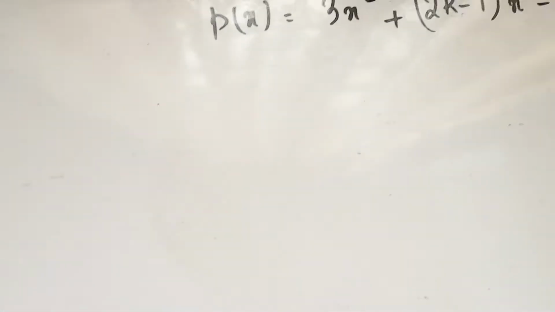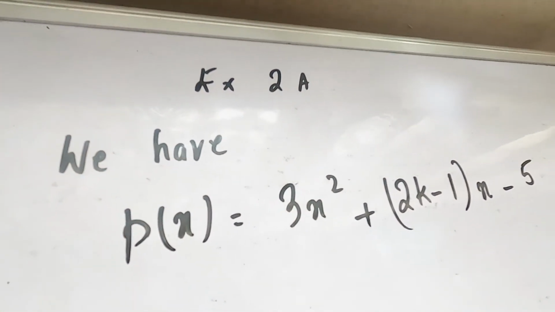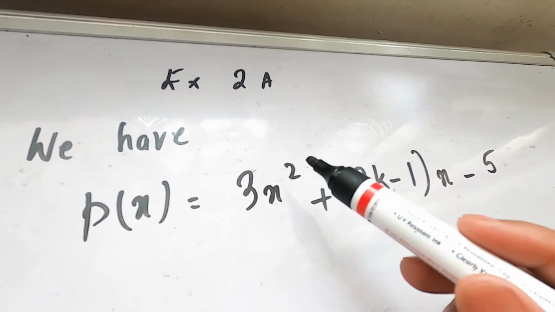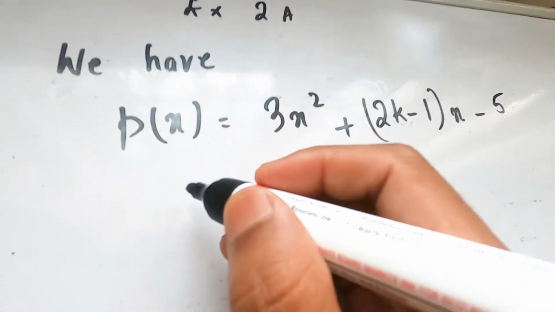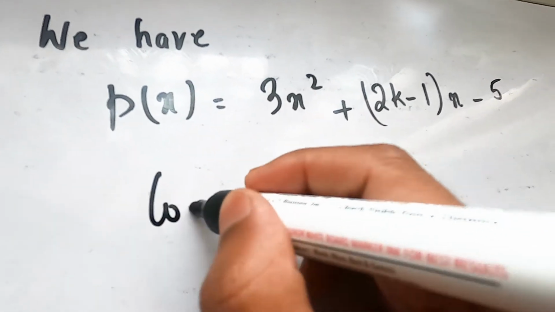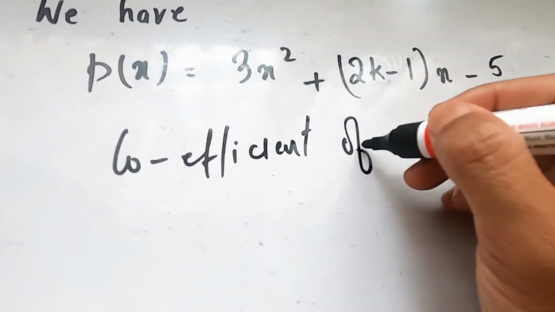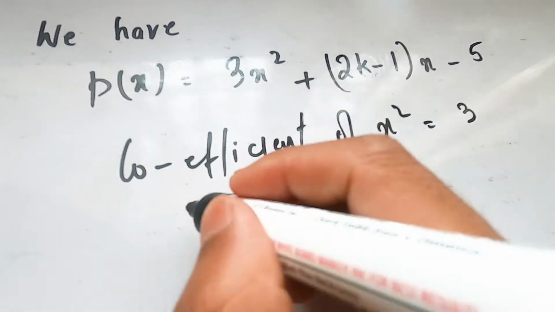All right. So in this case, the given polynomial p(x) will be 3x² + (2k − 1)x − 5. So the coefficient of x² will be 3.